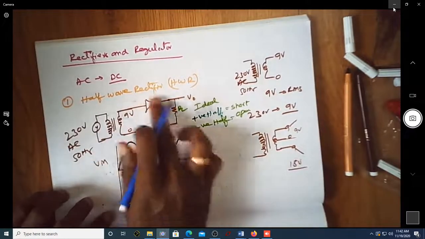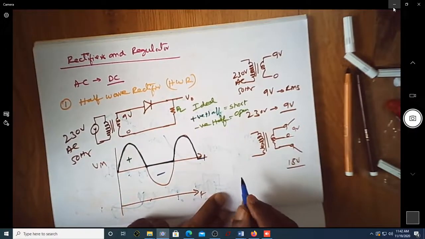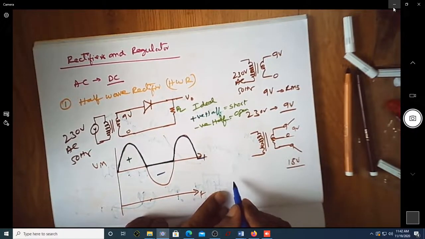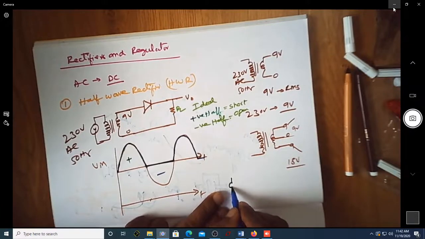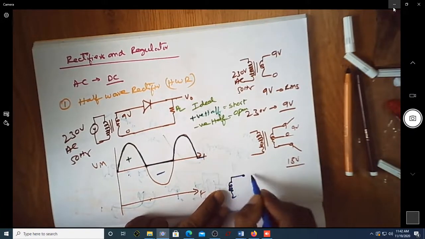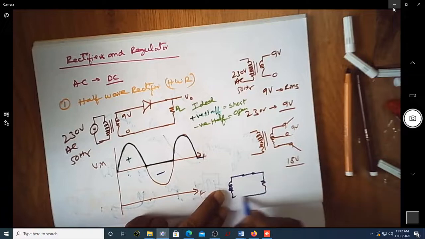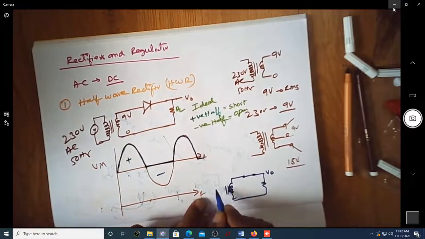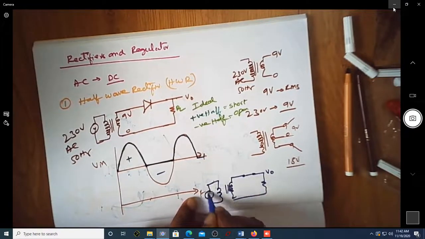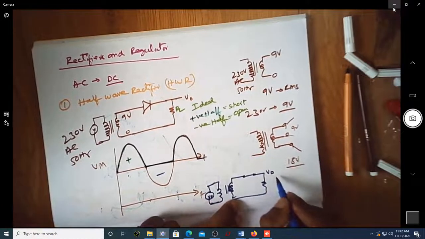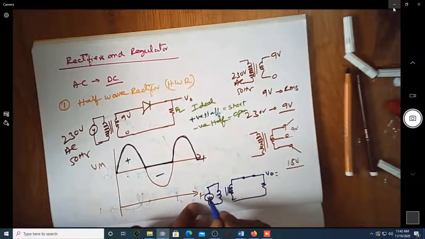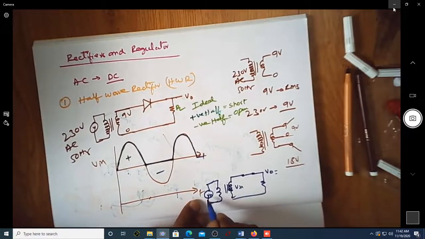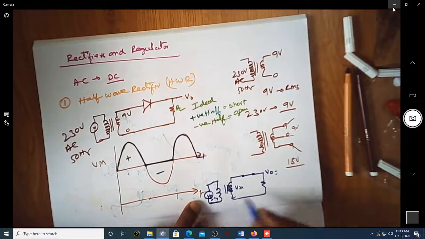We can represent this entire circuit in two different regions of operation. When it is positive half, you can rewrite this diode as a short circuit, and you can write this is V0, and we can write this as V in. This is the signal VAC.